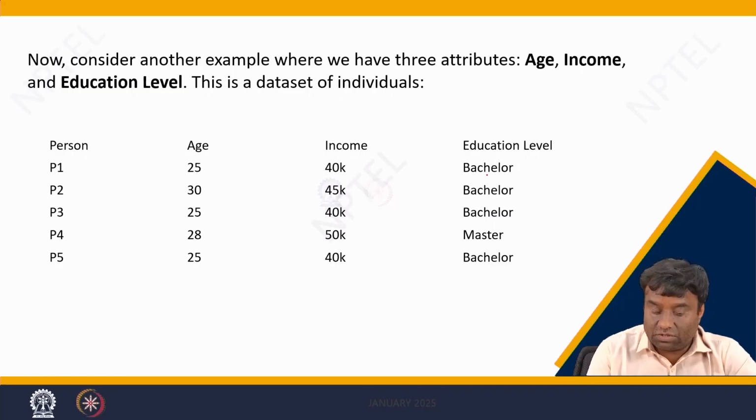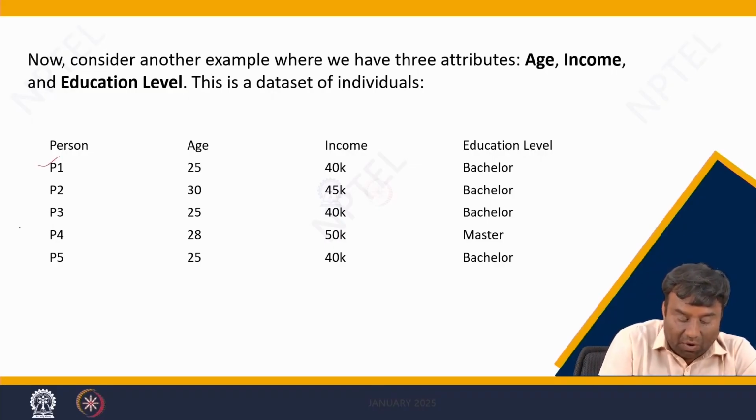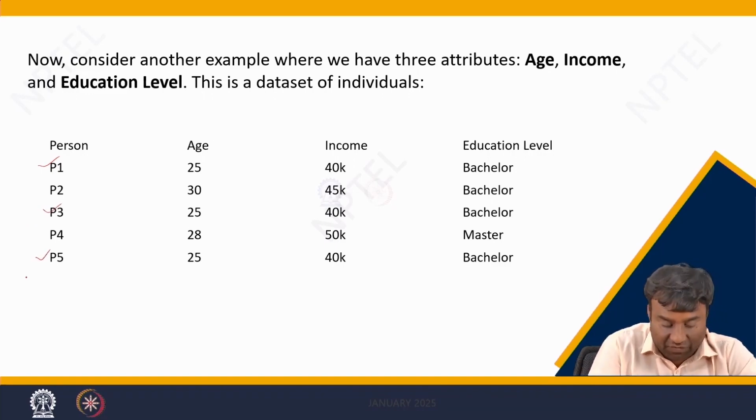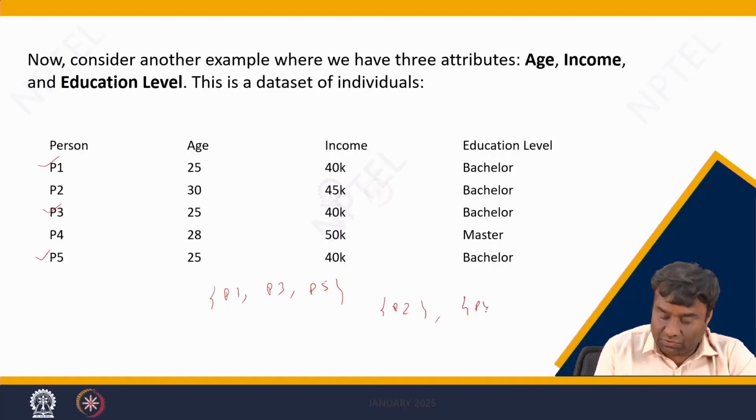So we need to find the indiscernibility in this case. You can see that P1, P3 and P5 are in the same group. So we can make the equivalence class P1, P3, P5, and P2 is separate, and you can also check that P4 is also separate.